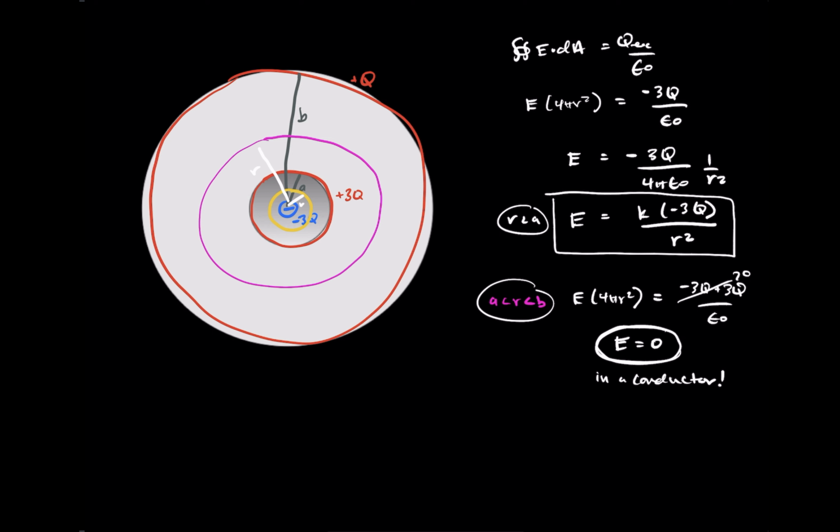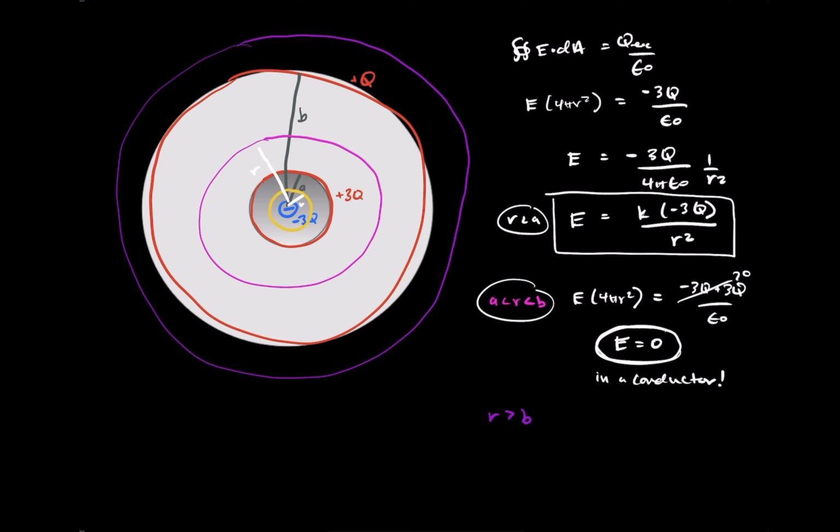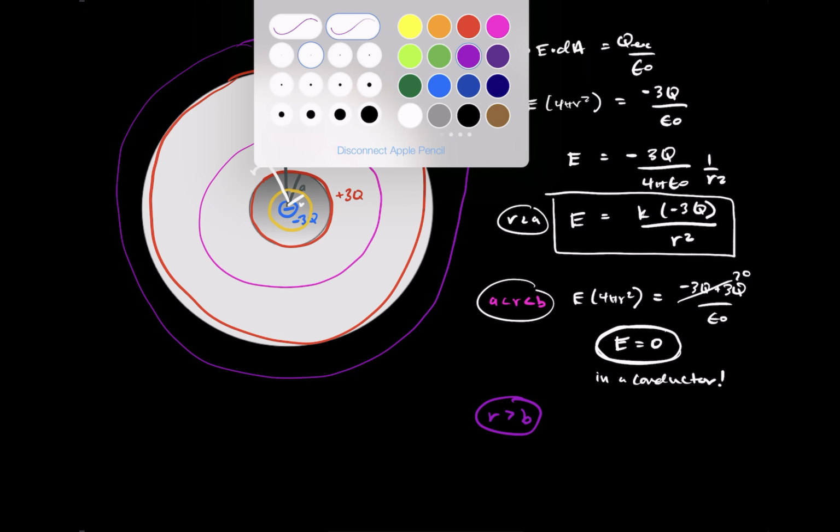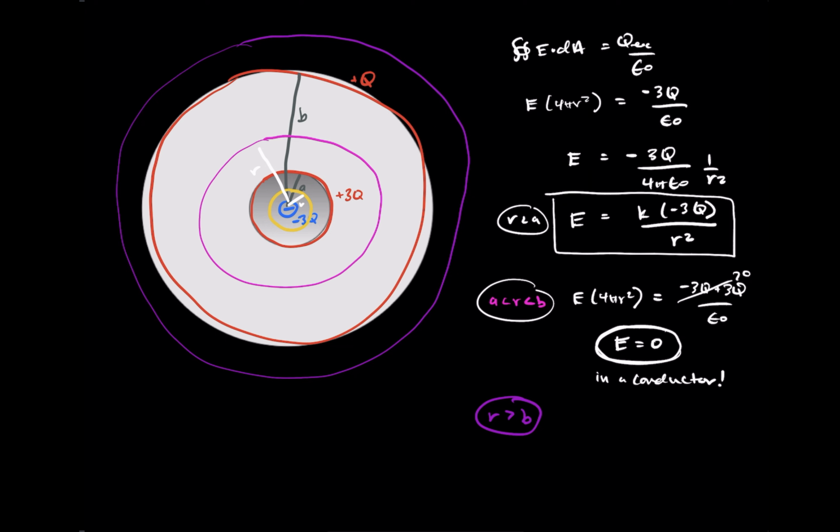Okay. And then the last one is r greater than or equal to b. So that's out here. So once again, E dot dA is going to be E times 4 pi r squared. You'll notice the left side of the equation is always the same. As long as you're using a sphere, it should look the same. The range of r changes, but that's it.